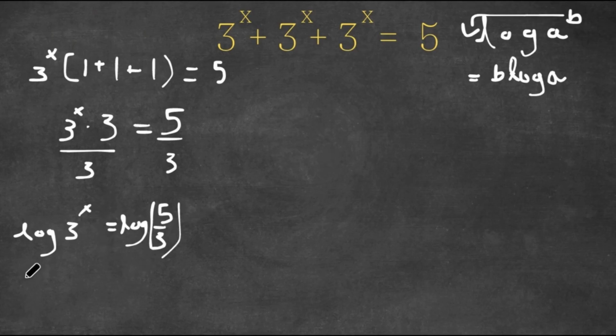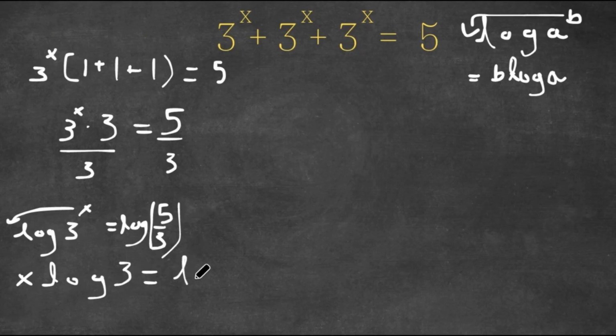So now I'm actually going to move this x to the front. So now we have x times log 3 is equal to, now log of 5 over 3 is the same thing as log 5 minus log 3.